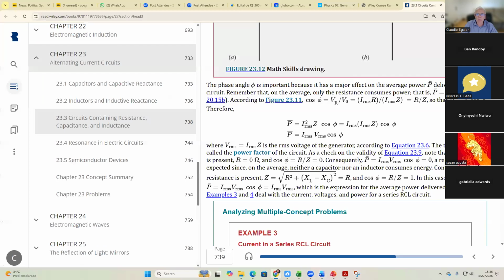And now we can substitute that into the equation for the power.